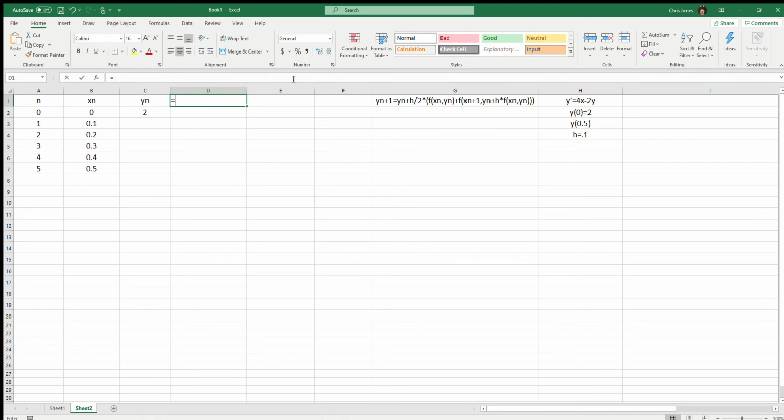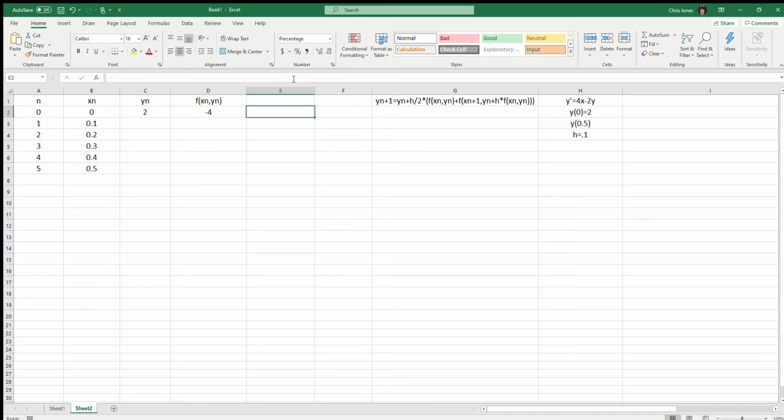So this is going to be f at x sub n comma y sub n, and that's going to be equal to 4 times the current x, which is stored in cell B2, minus 2 times the current y, which is stored in cell C2.